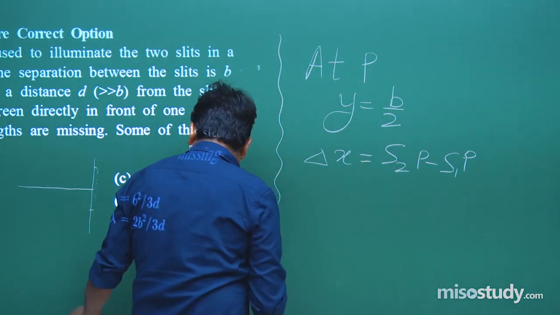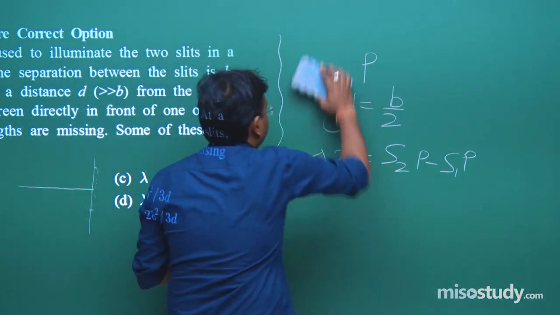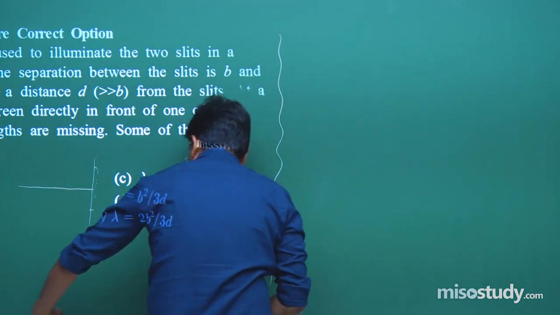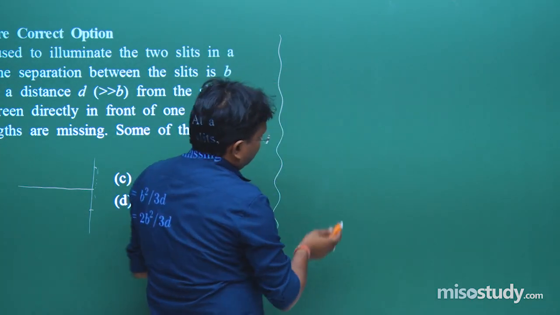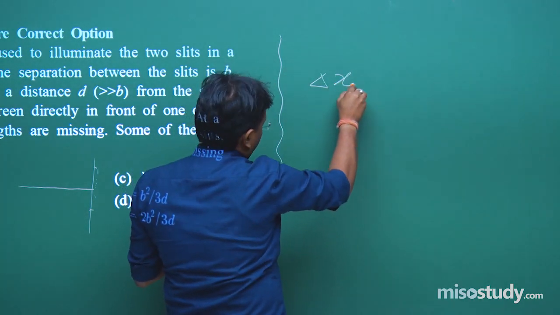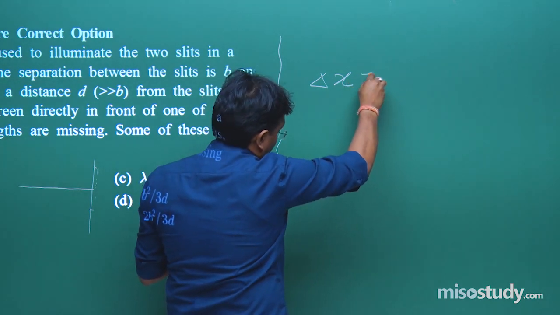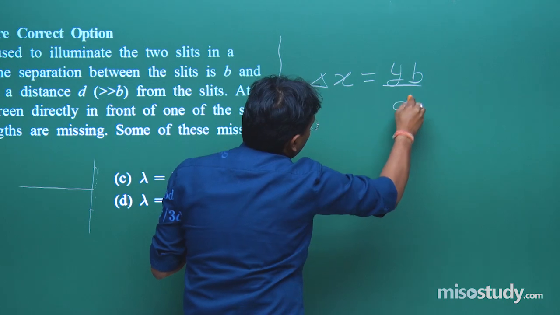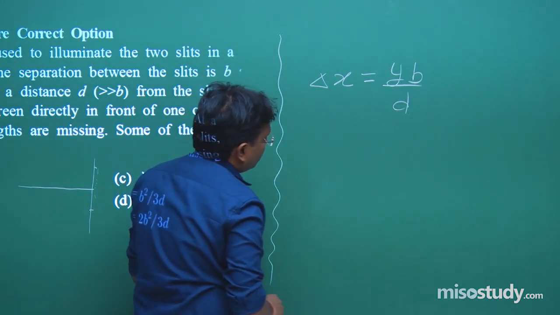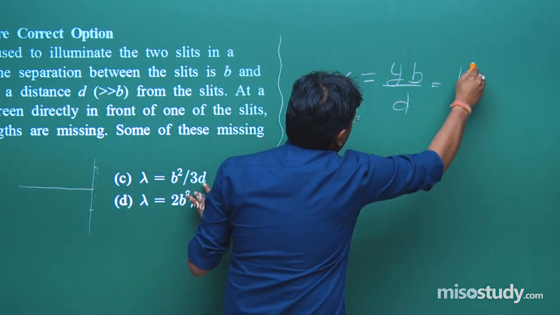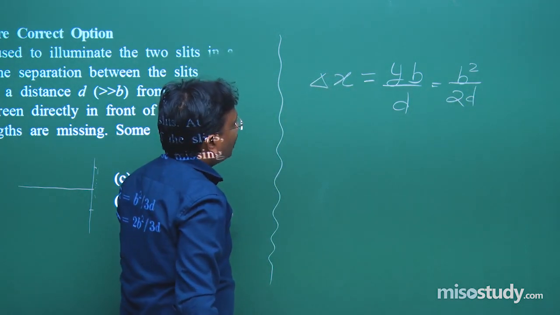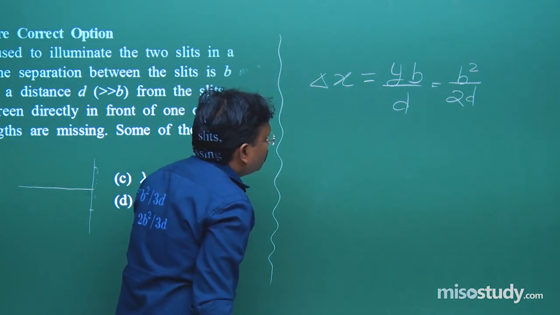Now, let me put the values over here. That is delta x is equal to yB by D, which is equal to B square upon 2d. So, path difference is B square upon 2d.